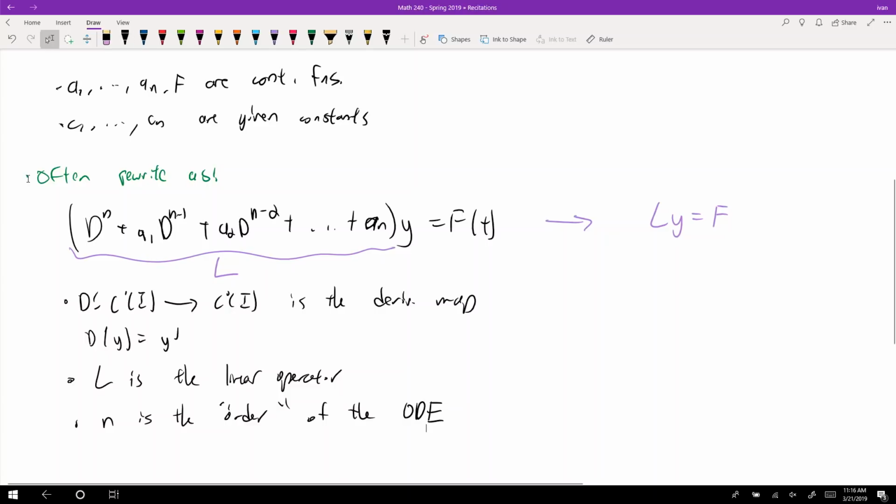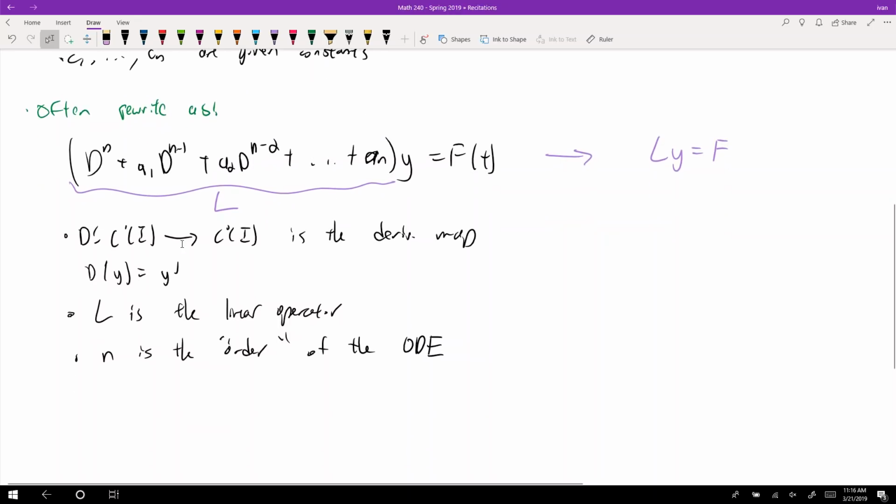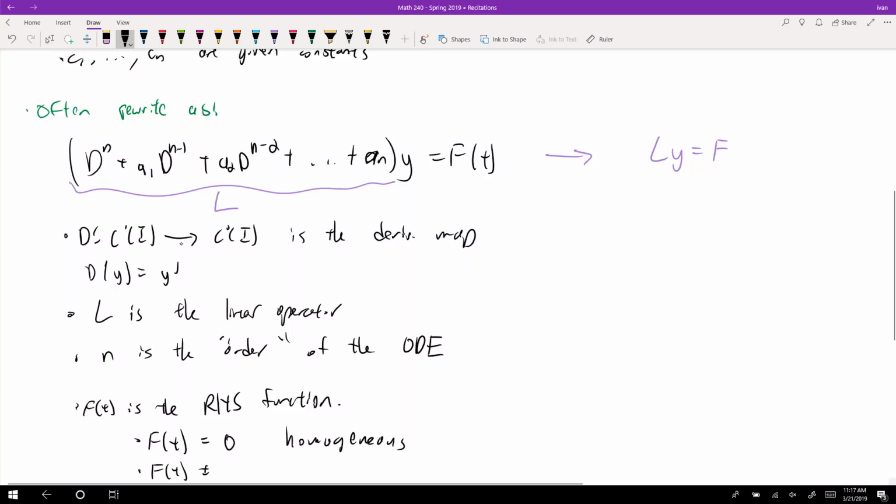In this class, we usually deal with second order ODEs, but n can be any number we want, an integer of course. And f(t) is the right-hand side function. If f(t) is equal to 0, then it's homogeneous. If f(t) is not equal to 0, it's non-homogeneous.